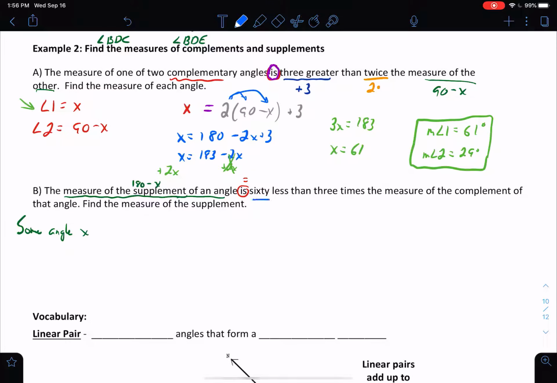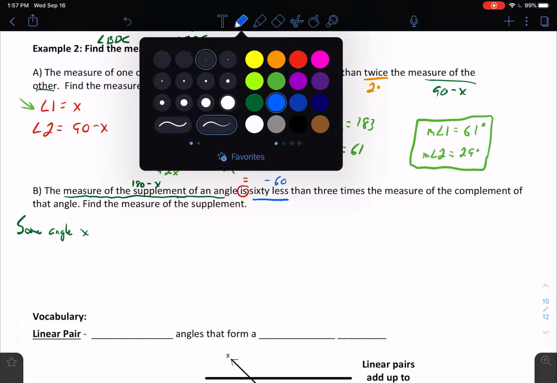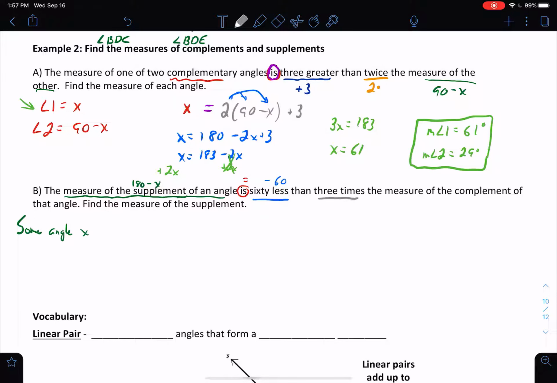60 less, so we're subtracting 60 eventually. 60 less than 3 times, a different color, what I haven't used yet. 3 times something. We're taking 3 times what? We're taking 3 times the measure of the complement. And remember, to find the measure of the complement, we're going to take 90 minus x.